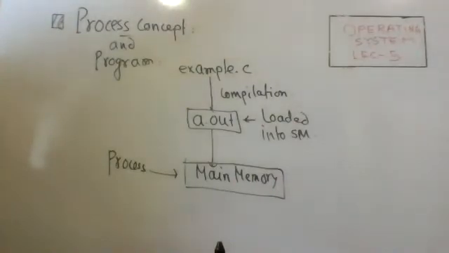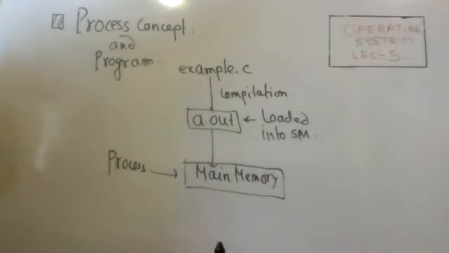So here we have written example.c in C language. After compilation, it generates an executable file that is loaded into secondary memory, that is a.out.